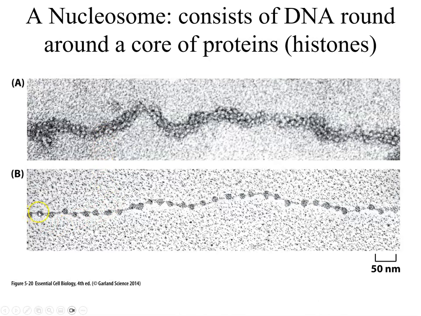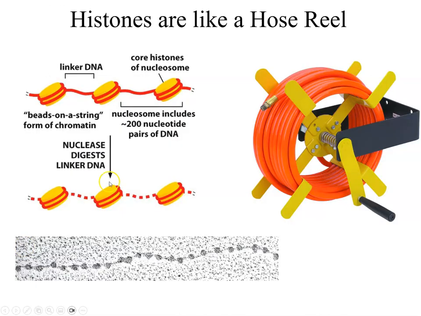You can see this chain here, these beads, which are partially unfolded here, and you can see the nucleosome beads. So these are the proteins, the histones. And here it's more compact, where these are spun around each other a little more densely. This is the cartoon image of what we're seeing down here. We have this linker DNA, so this double-stranded DNA is spun around these histones, and when we digest these, we get these longer pieces here.